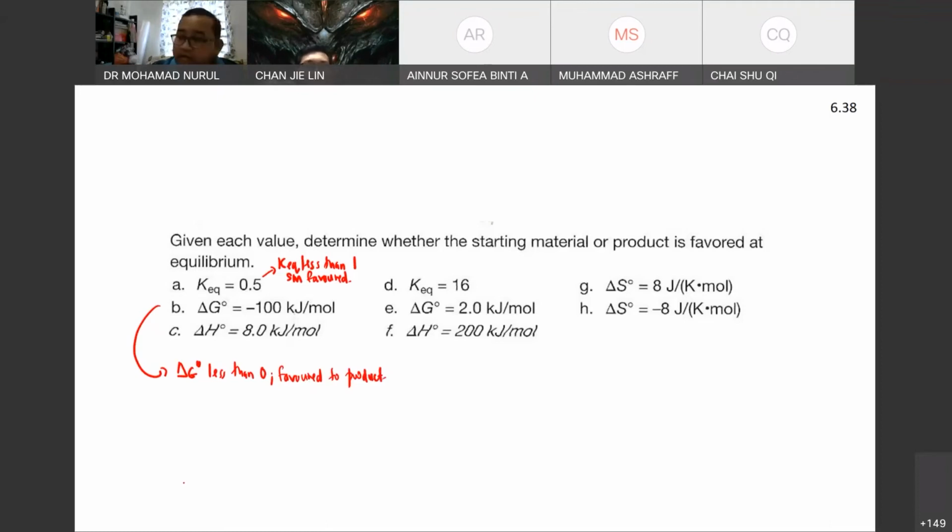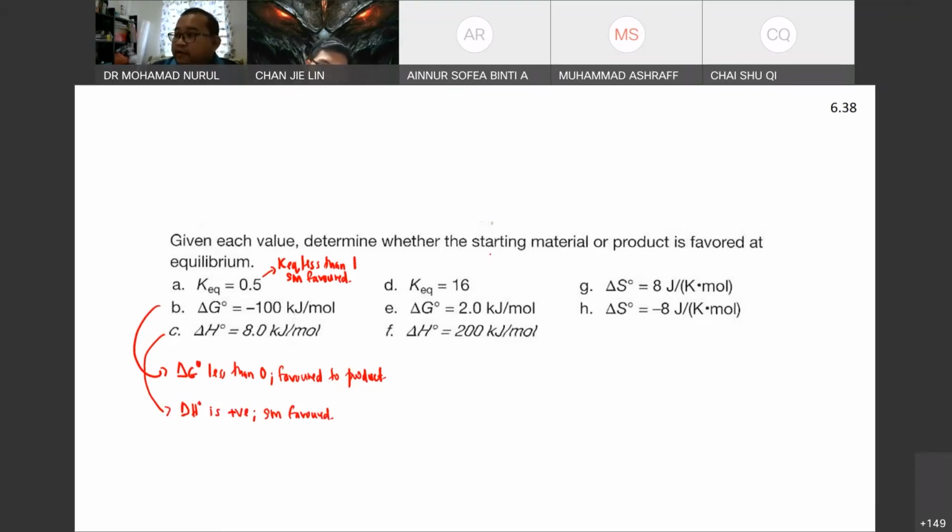Next, delta H. We already studied yesterday, right? Delta H is around 8.0 kilojoules per mole. Tengok vektor dia. Delta H is positive. So the starting material is favored.